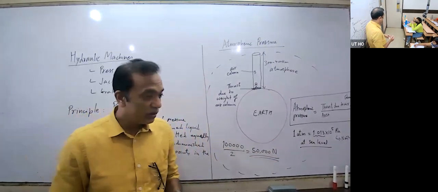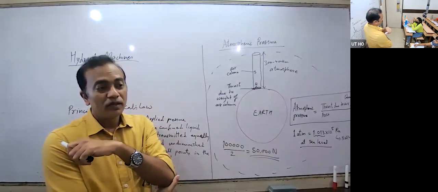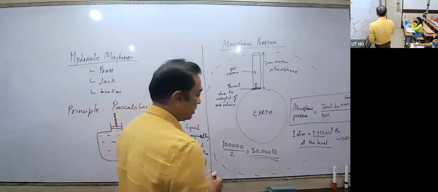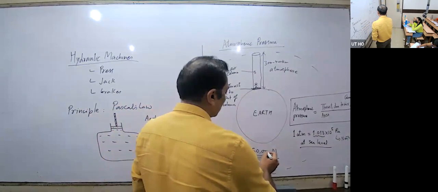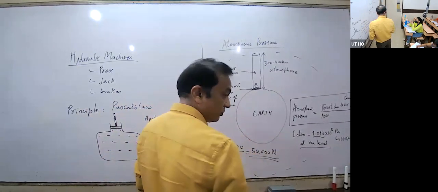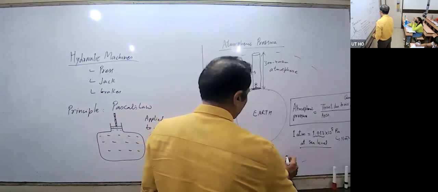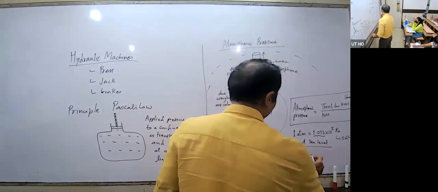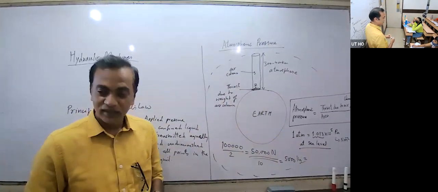And what is 1 Newton? Roughly 100 gram. So 10 Newton is caused by 1 kg of force. If we divide this by 10, so how much is this? 5,000 kg. Like we are under 5 tons of weight of mass.